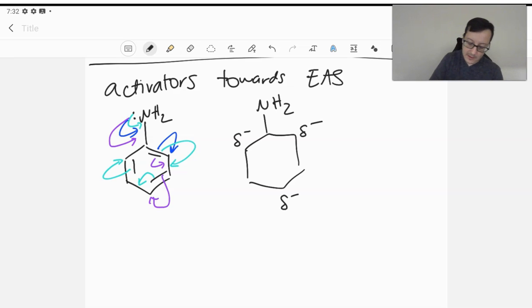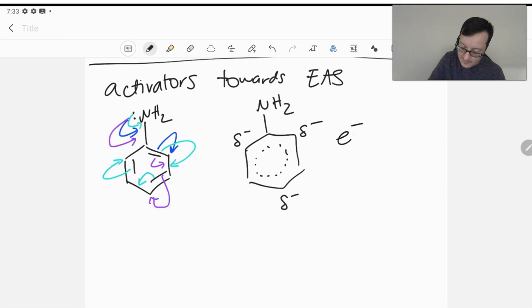And as a result, again, I'm going to put our double bonds as kind of a ring here. Those positions are going to be the nucleophiles, the ones that are going to attack the electrophile, sorry. So remember, benzene is our nucleophile, so an electron donating group like an amine will push electron density into the ring to those 3 positions, allowing for those 3 positions to then attack an electrophile.